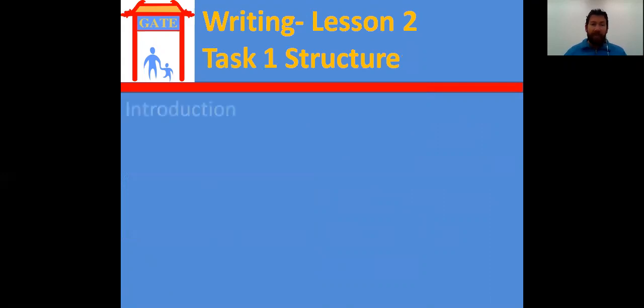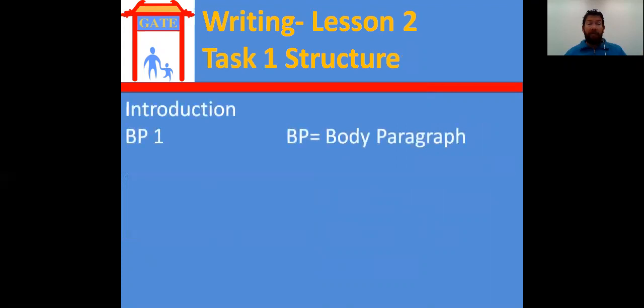Now, generally, there's a fairly simple 4-paragraph structure you would be using, starting, of course, with an introduction, having usually 2 or maybe 3 BPs, and a conclusion. I'm going to use the expression BP a lot just to save me saying body paragraph. Some people might call that the main paragraph. This is the same in task 1 and task 2 writing.